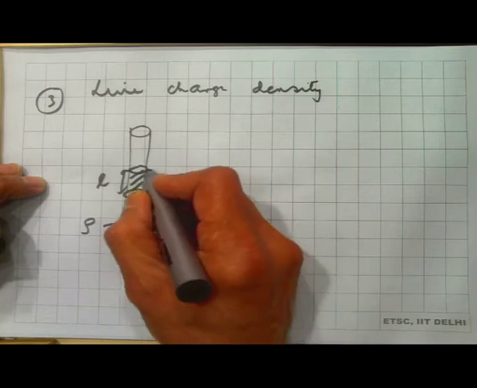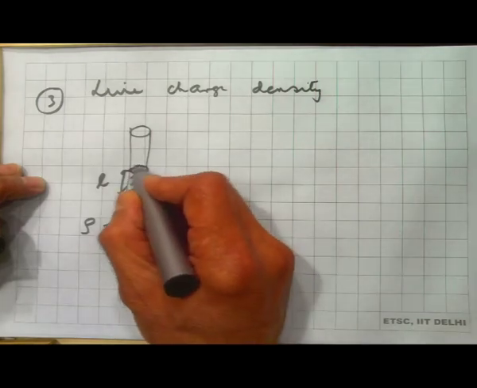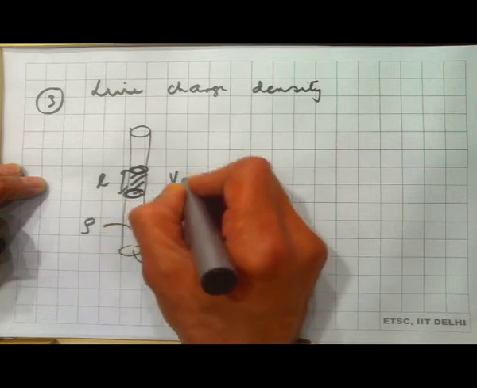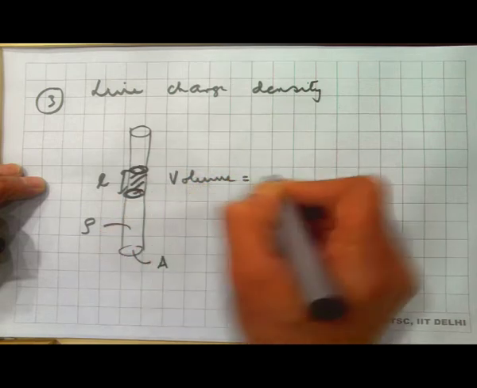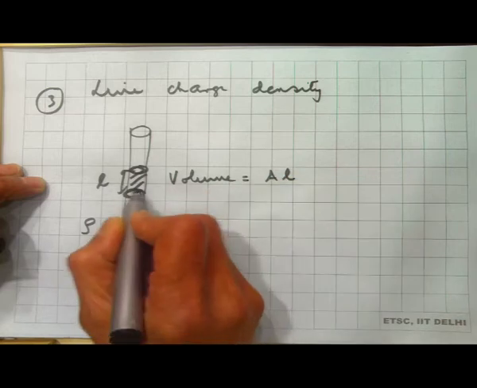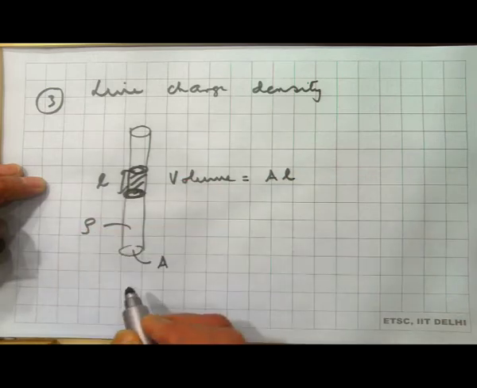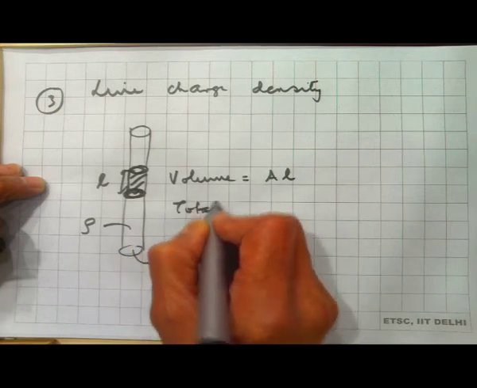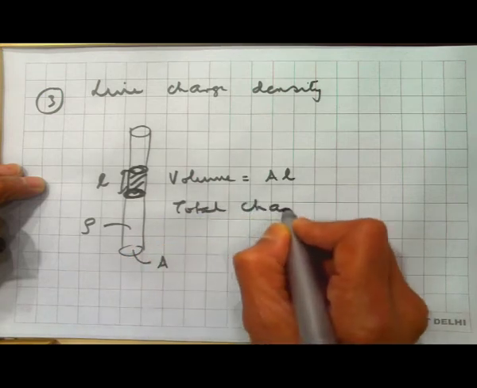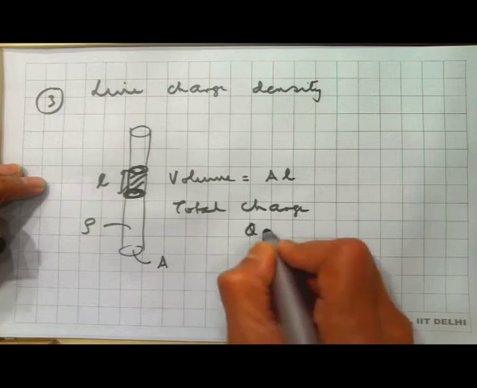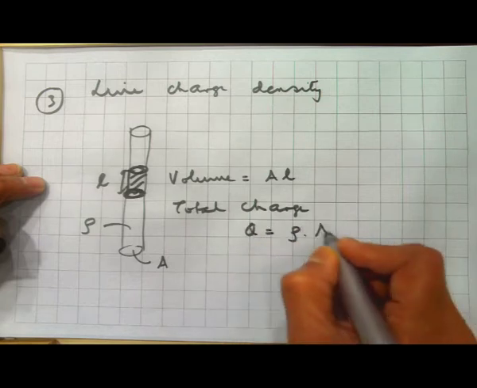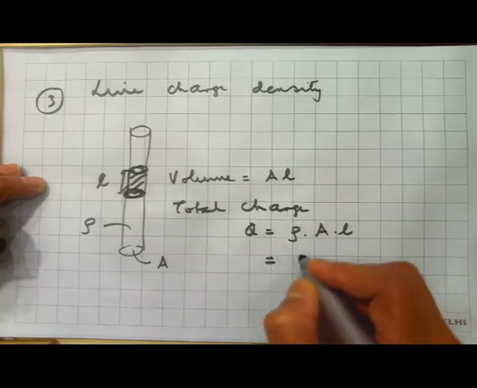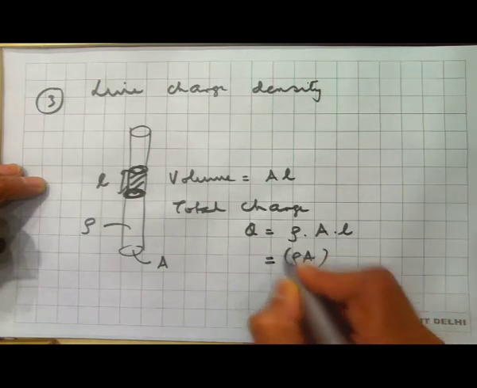So, the charge contained within this volume of cross sectional area A and length L. So, what is the volume of this? Volume is equal to A times L. This surface area multiplied by the length is the volume. So, and the charge density is rho. So, total charge q is equal to rho times A times L.